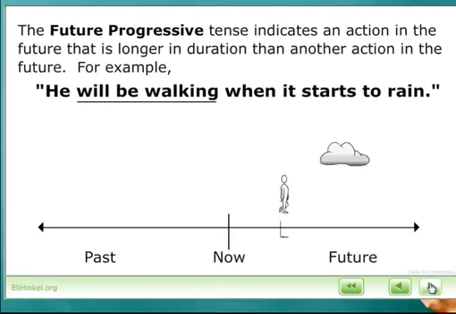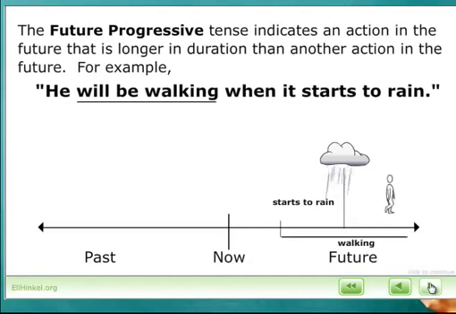So as we can see from the timeline, he started walking and then the rain came as he was walking. So we can say he will be walking when it starts to rain because this happened after now, which is the future. He will be walking when it starts to rain. I can say I will be working when American Idol starts.